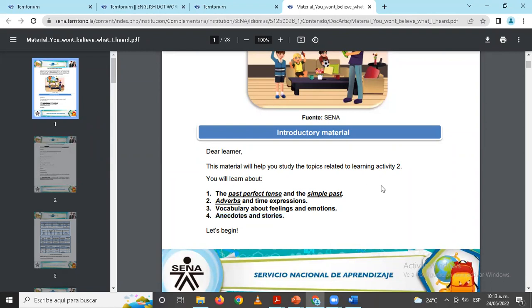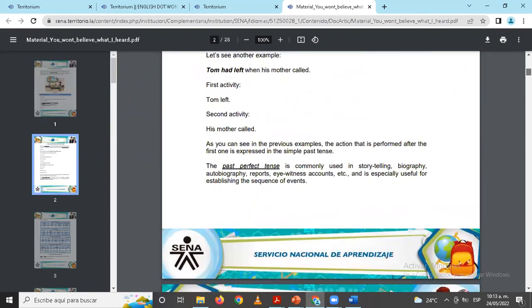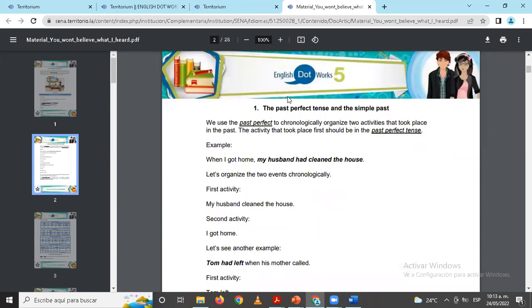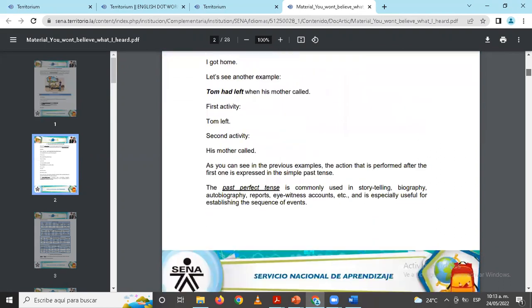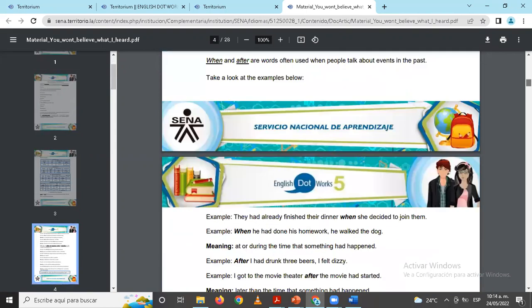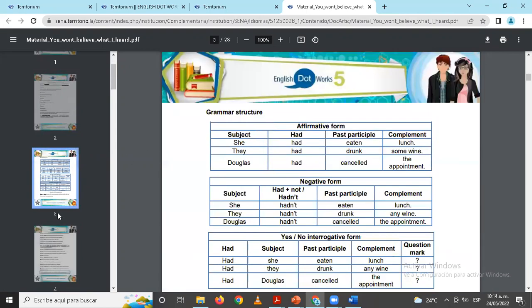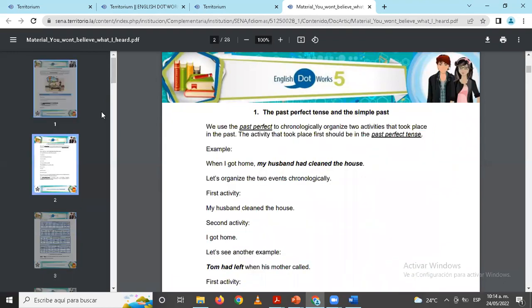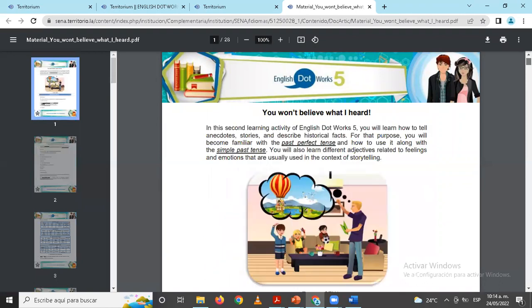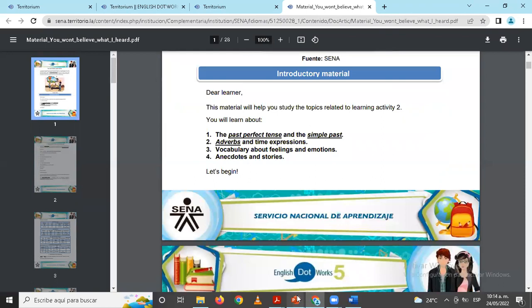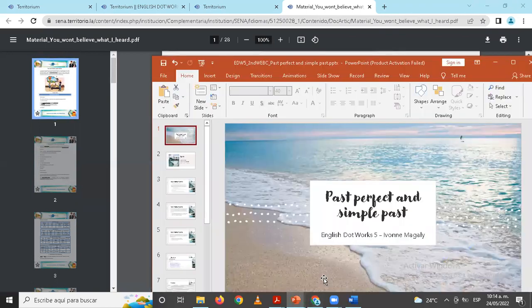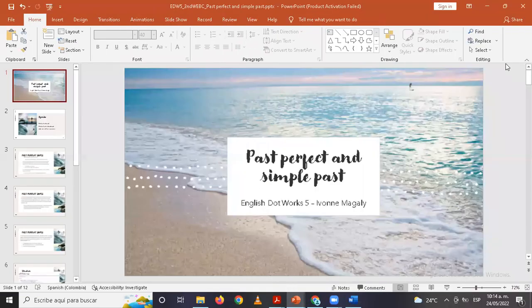So what I prepared, but here you have all the information. You know, here you will find information about how to use the past perfect and the simple past, the structure, the adverbs, and all that information, the vocabulary, and some tips to build longer structures to talk about stories and anecdotes in English. So here I prepared a short presentation where I will explain to you how to use the past perfect and the simple past.